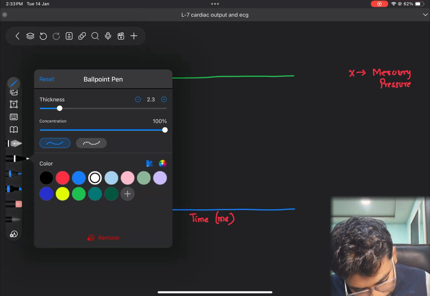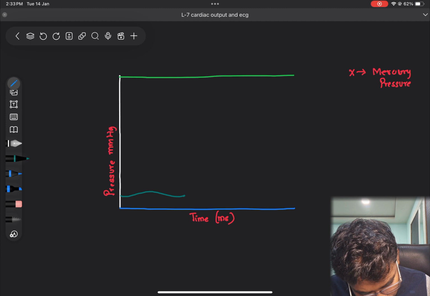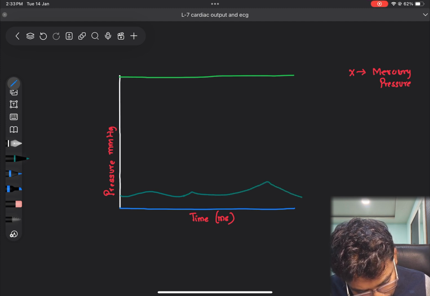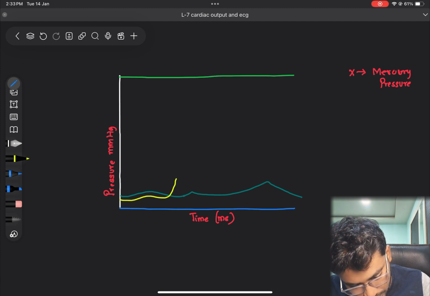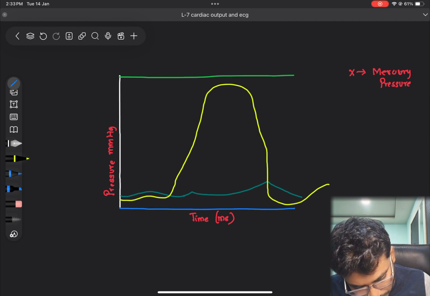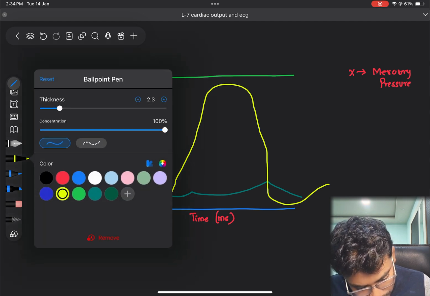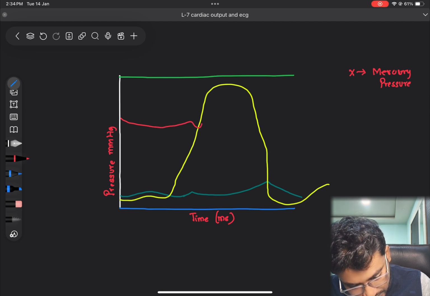Let me draw first. This is the graph of the cardiac cycle.